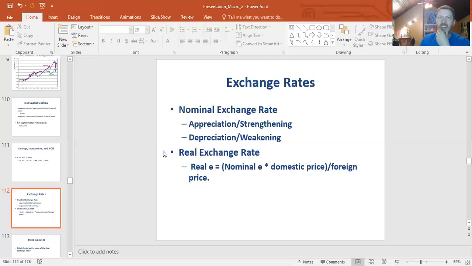And for the nominal exchange rate to be higher, that doesn't mean anything. The US dollar is more valuable than most other currencies, but that doesn't really mean a whole lot. For example, the British pound is actually the reverse. It's actually more valuable than the US dollar. But that doesn't mean that Britain is richer than the US.